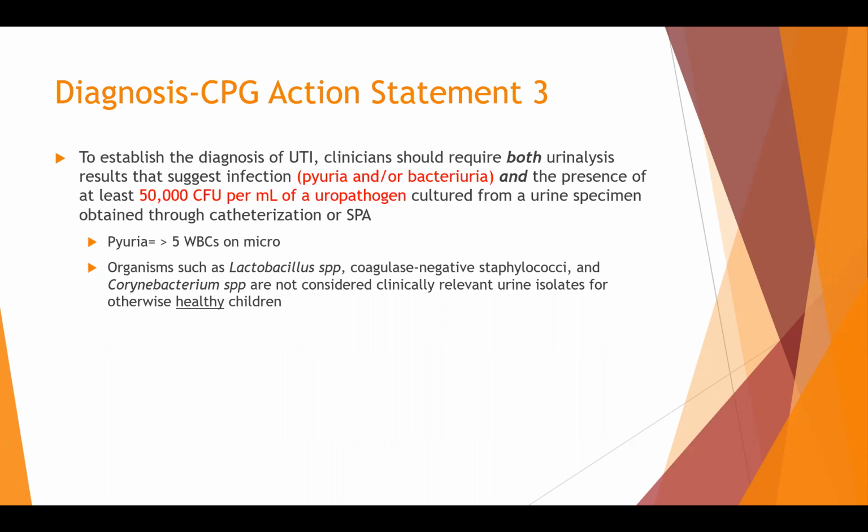So 50,000 through a cath. In terms of pyuria, are there greater than 5 whites on micro, for example. And then I listed here organisms that we often say are not considered clinically relevant urine isolates. So it's got to be a uropathogen obtained through catheterization of 50,000.